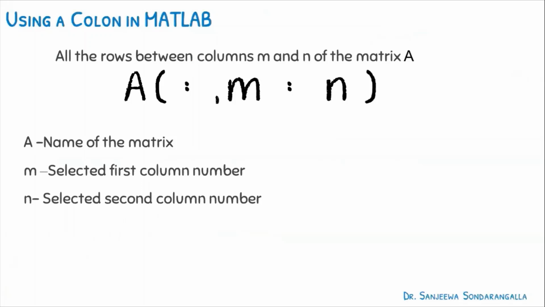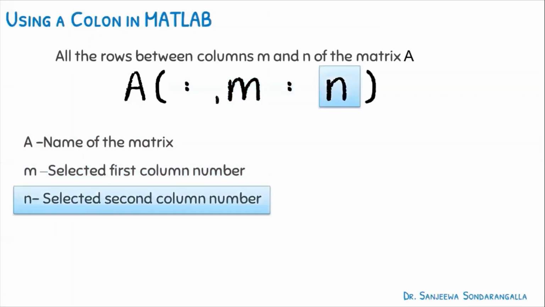Now, to show all the rows between selected 2 columns of the matrix A, use this command: matrix name, within bracket, colon, this colon for all the rows, comma, number of the selected first column, then colon, this colon for the range, now number of the selected second column.